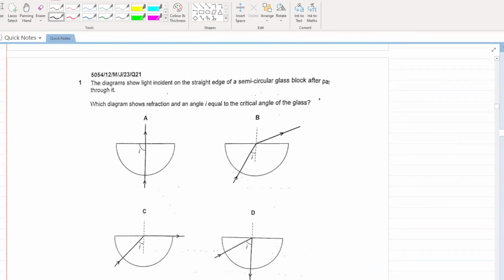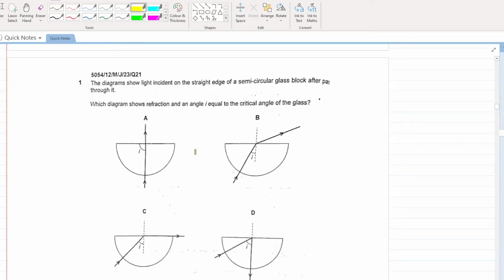The diagram shows light incident on a straight edge of a semicircular glass block after passing through it. Which diagram shows refraction and an angle of incidence equal to the critical angle of the glass? If we have the critical angle of the glass as our incident angle, what will happen?